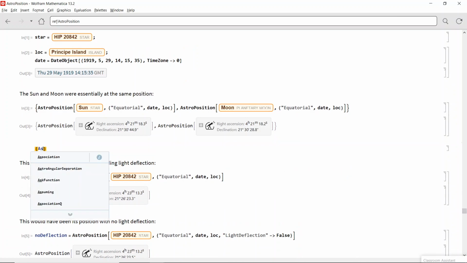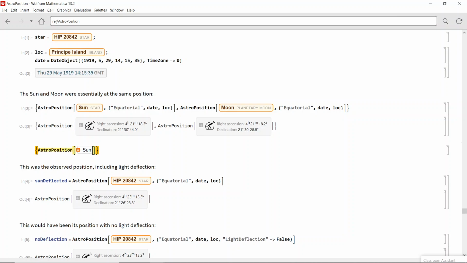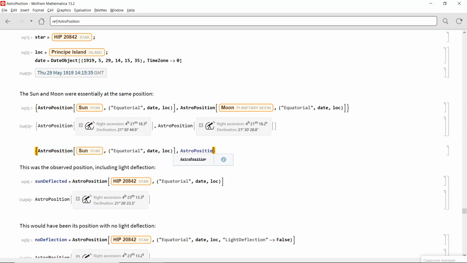So we have AstroPosition, sun, equatorial, date, loc, AstroPosition, moon. What's going on here?